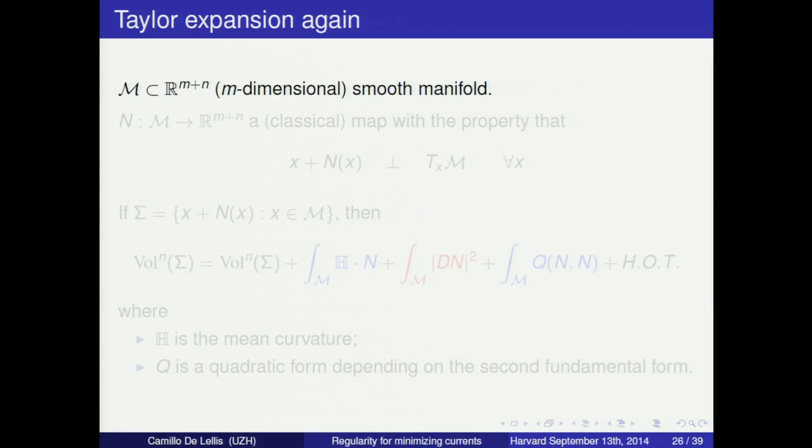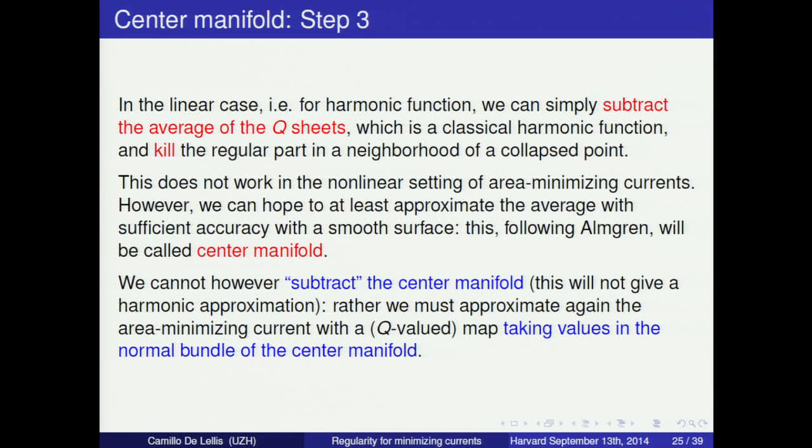So let me make one important point. Once you have actually identified the center manifold, so this would be step 3 in Almgren's program, you now want to subtract it. But you cannot subtract it. Why can you not subtract it? Because if you subtract and you try a Taylor expansion of what remains, the remaining multiple valued function is not going to minimize the area, the Dirichlet energy.